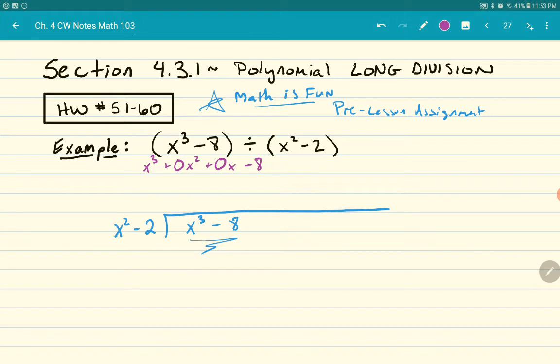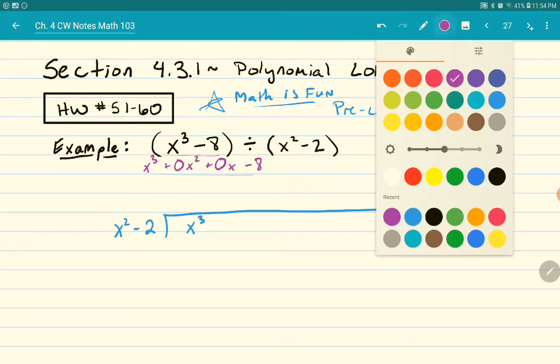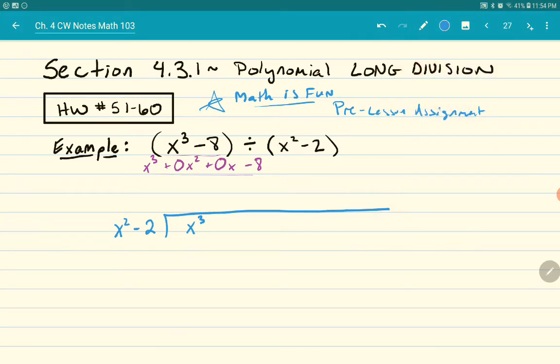So notice that those are equivalent polynomials. I just put in the 0 to hold as a placeholder for the x squared and the x term. So that way, under my division bar, I have x cubed plus 0x squared plus 0x minus 8.